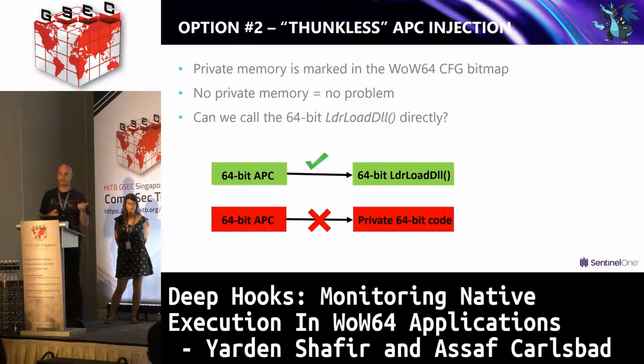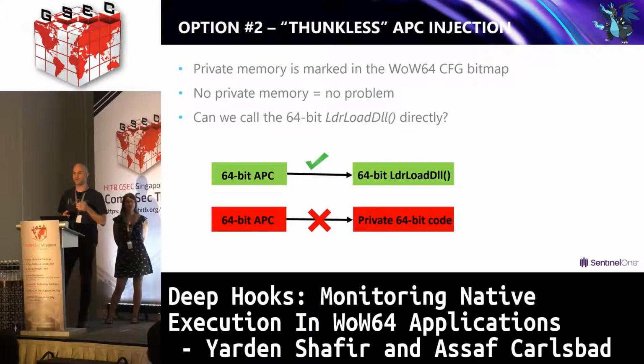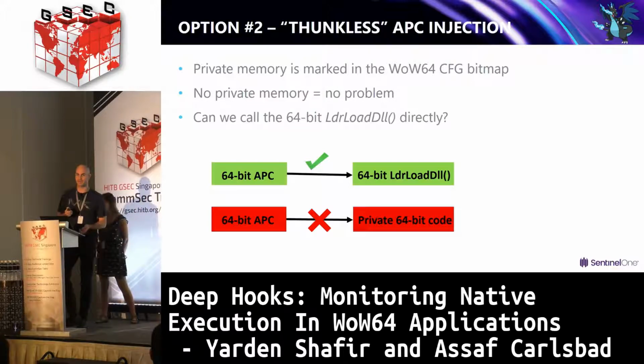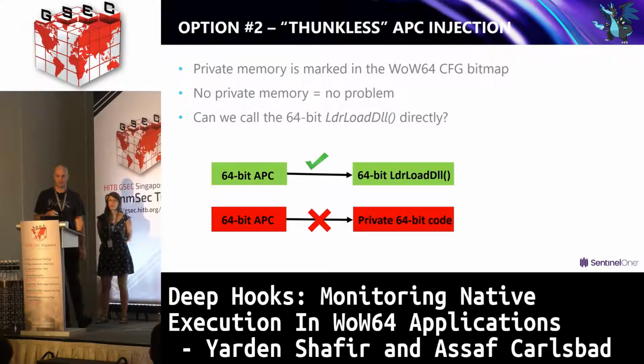But if you recall, the only reason we have an adapter func to begin with is to just act as a middleman, which forwards the calls to the 64-bit version of LdrLoadDll. And the 64-bit version of LdrLoadDll is obviously marked in the native CFG bitmap. So this made us wonder, why do we really need an adapter func in the first place? Or to put it in other words, why can't we just initialize our APC to point directly to the 64-bit version of LdrLoadDll?